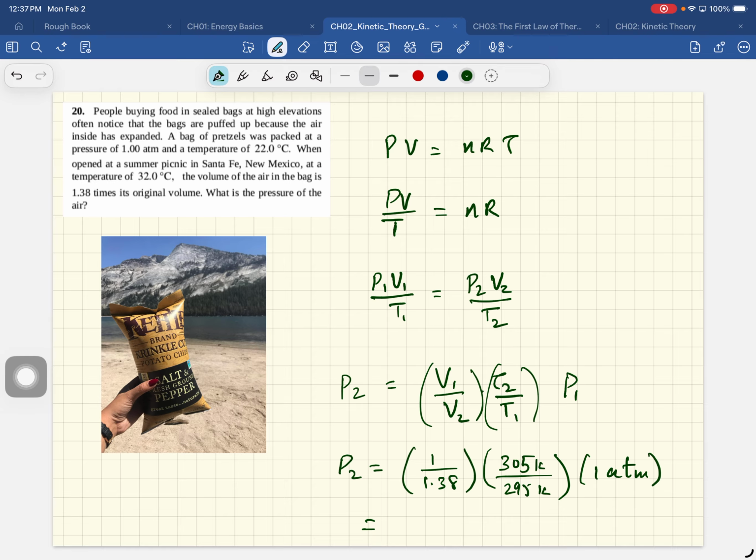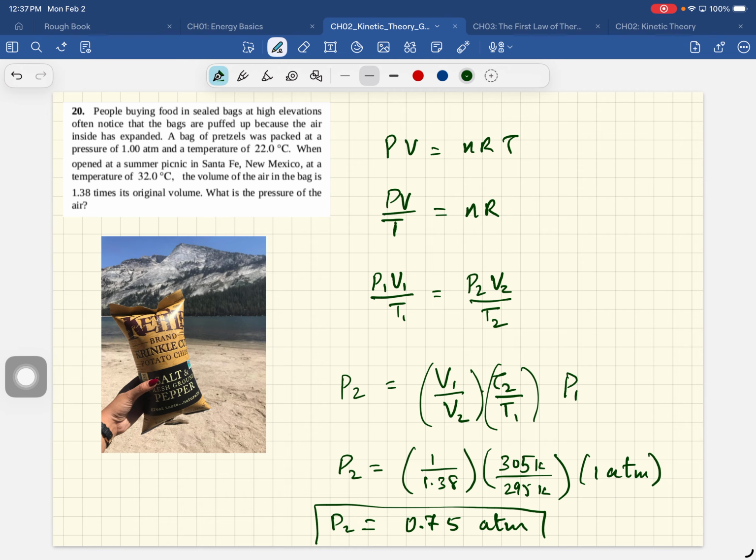So the pressure at the new location is... So I guess Santa Fe is higher than Denver.